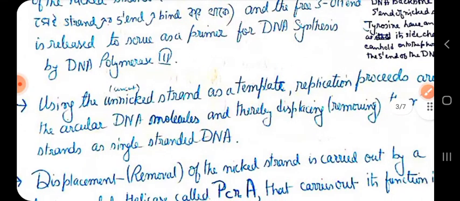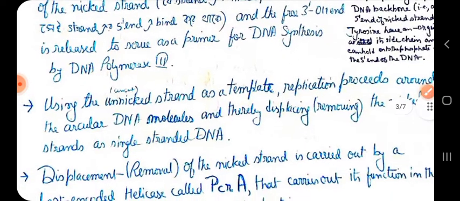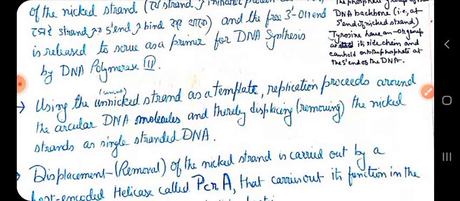Using the unnicked strand as a template, the replication proceeds around the circular DNA molecule.